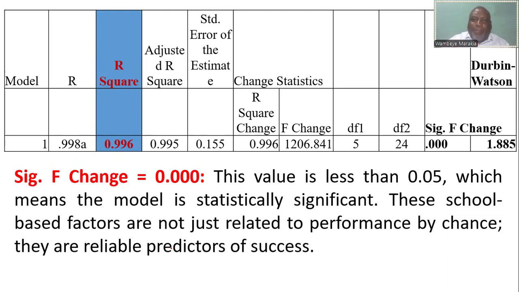That's a very important point to note, that the value is less than 0.05. Then we are able to say that this model is statistically significant, so we can use it to interpret our results.